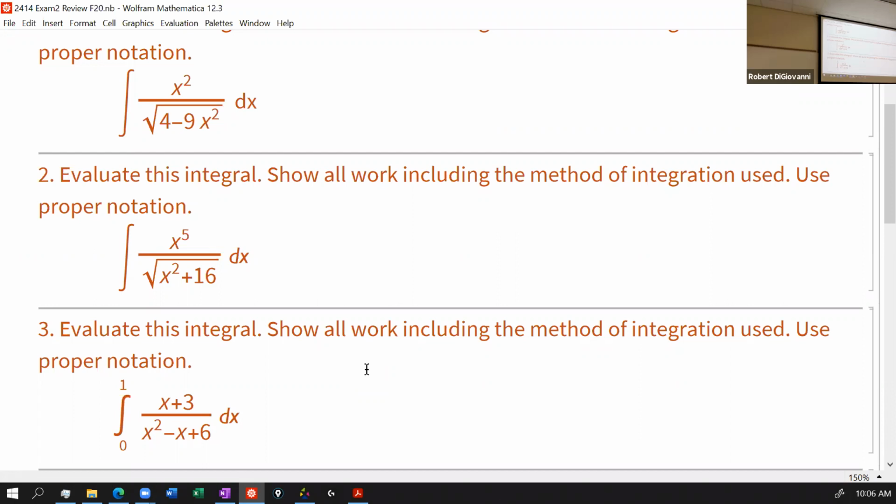Y'all getting somewhere? So hold on. Here to here, did you ever integrate? I don't think you ever found the antiderivative. Yeah, I think that's an issue.